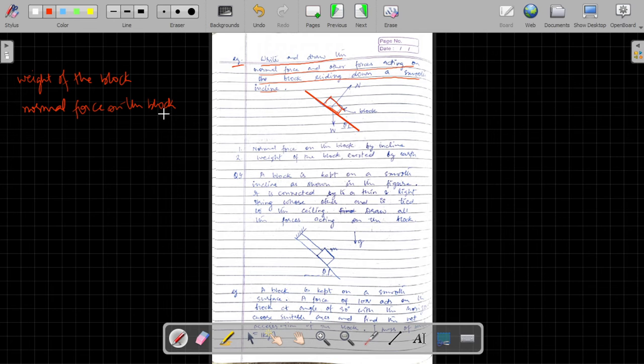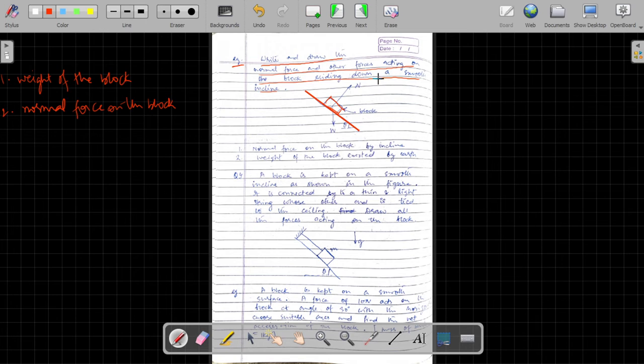Should we write the friction force on the block? Since the incline is smooth, there would be no friction acting on the block. So only two forces are sufficient, or actually all that are acting on the block. So these are two forces.